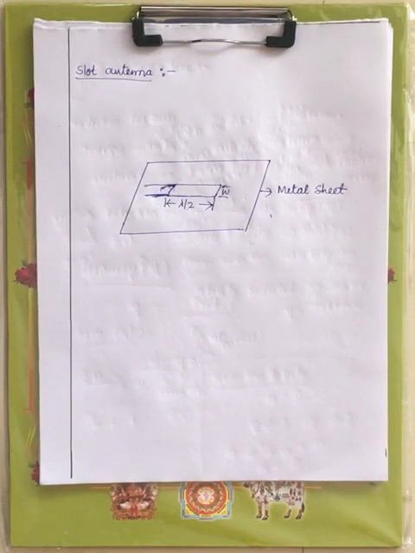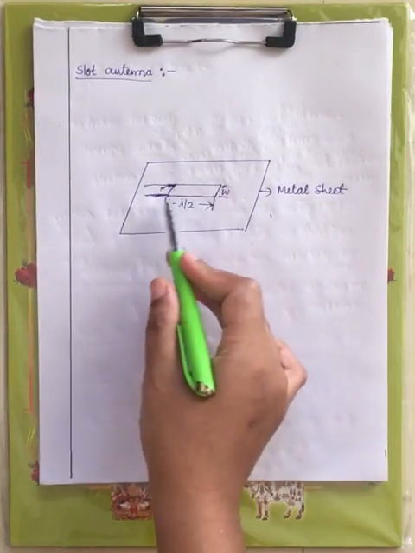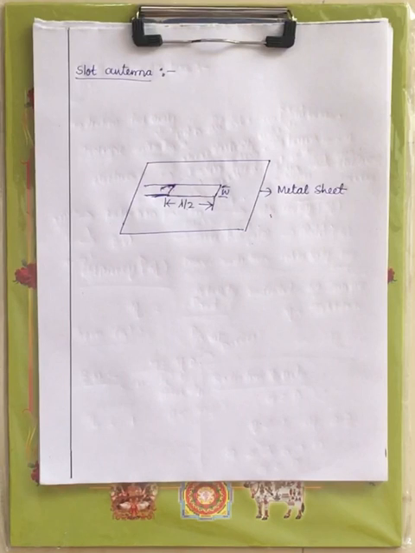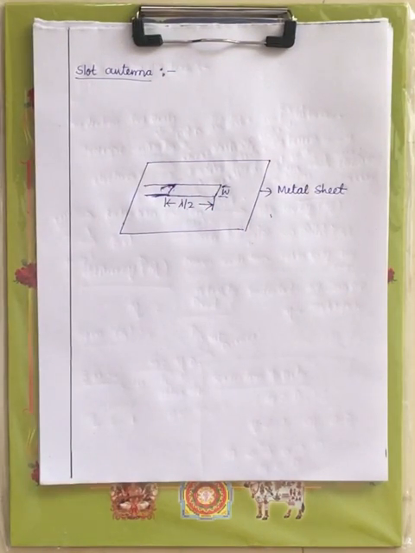This is the introduction of the slot antenna, which is used at microwave frequencies for the transmission of radio waves. You are making a rectangular slot on the metallic sheet or conductor sheet.